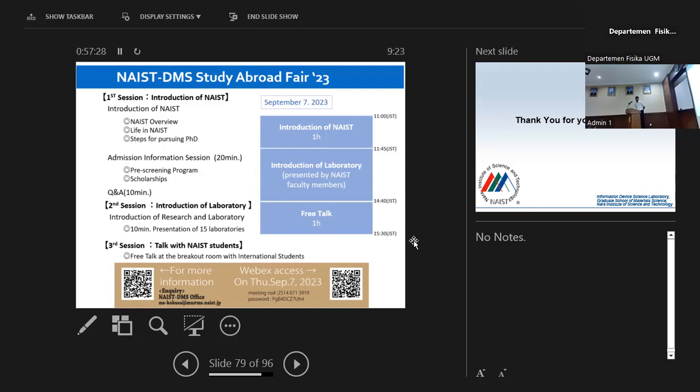That includes the internship program. Usually we send students to NAIST for internship, and the good news is this year the internship will be on site, I think. Maybe online and on site. So maybe there's a chance for master students to do internship directly at NAIST, in the lab.